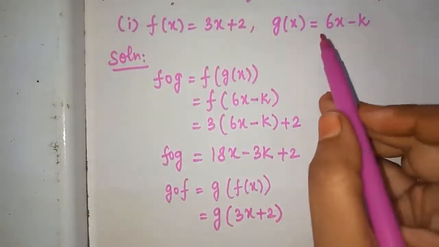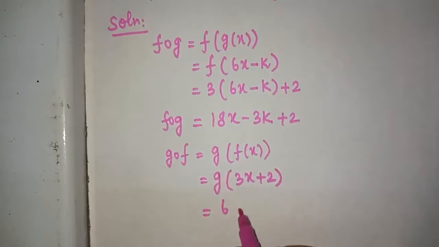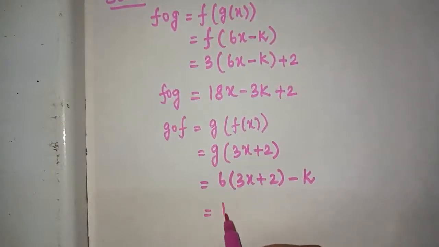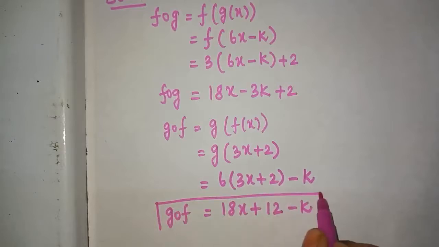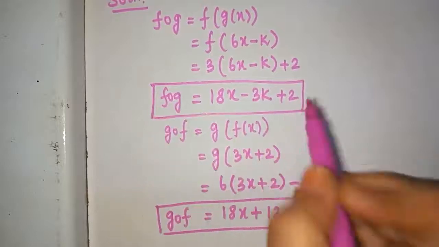So g of x value is 6x minus k, which is equal to 6 into 3x plus 2 minus k. Same procedure you have to multiply it. So 6 3s are 18x plus 6 2s are 12 minus k. So this is your g composite f. Now we have the value for g composite f and f composite g.